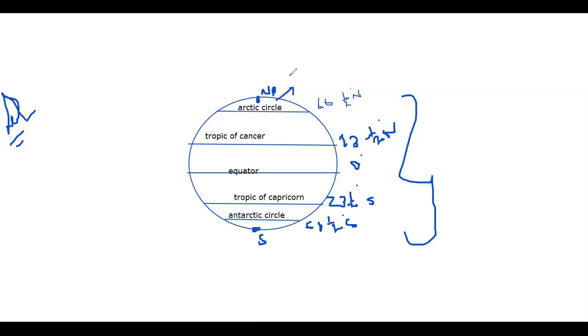Any guesses? Yes, it's the frigid zone. I think I need to type it because I'm not able to write properly. This is my frigid zone. I'll show it with the help of an arrow.